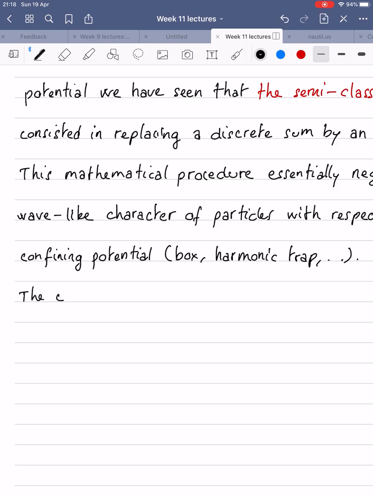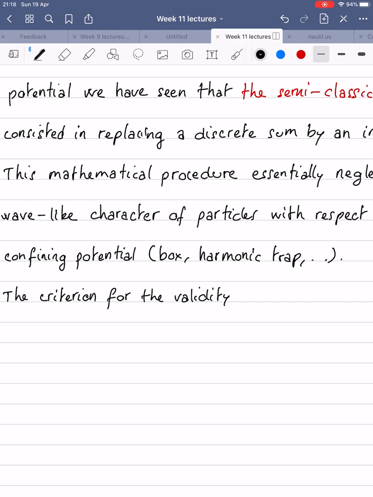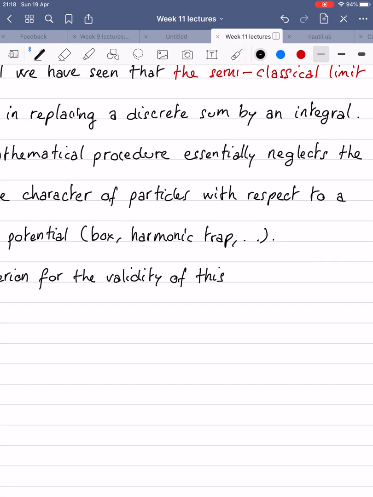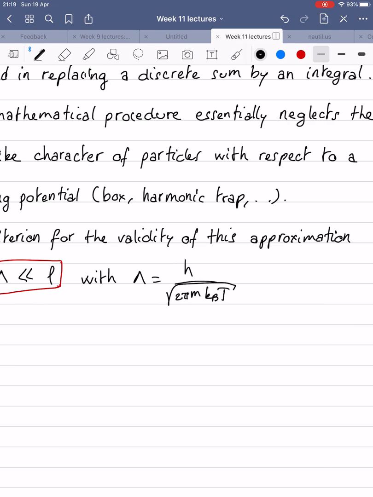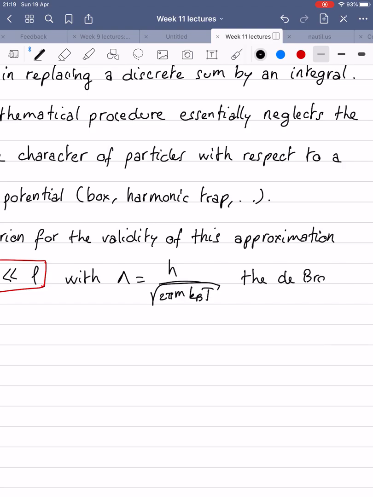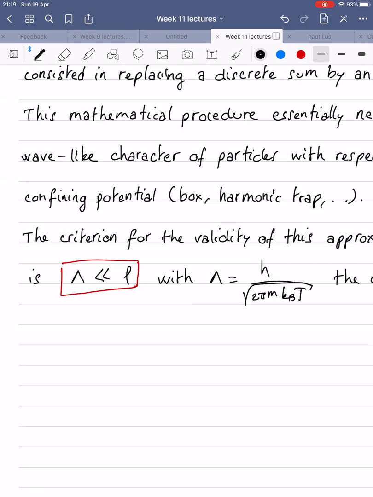So the criterion that we actually found and discussed for the validity of this approximation is lambda is much less than L. Here I need to restate what lambda is: lambda is h over the square root of 2 pi m kB T. That's the de Broglie thermal wavelength.